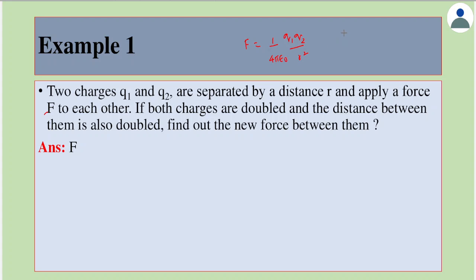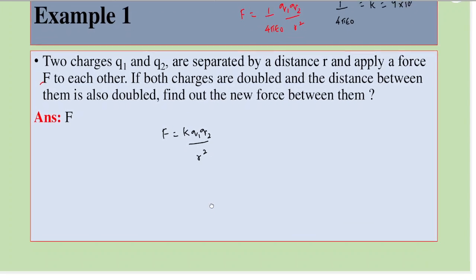But we also know that 1 by 4 pi epsilon naught is called k, and that value is equal to 9 into 10 power 9. So putting it back, we get F is equal to k Q1 Q2 by r square. That's the first instance.